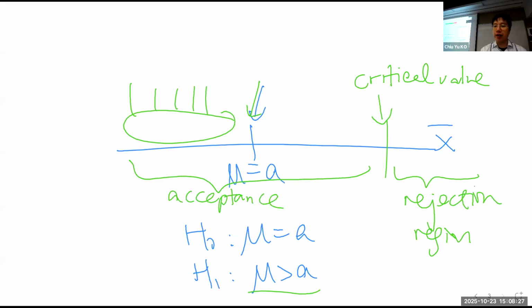Okay. The question is how big, how far, or how to set the critical value. But as we agree, if this is super large, then we will say large. Okay? And how large is it?